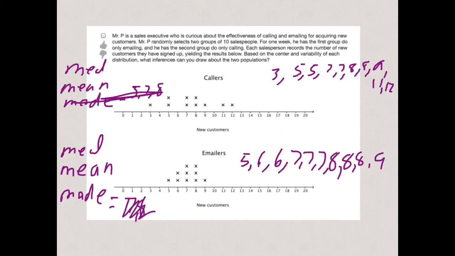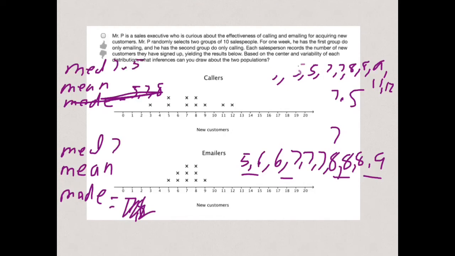Let's see, 2, 4, 2, 4. So this would be 7.5, and 7. Okay, so right in the center, I have 7.5 and 7. Could that help me to decide which is the better method? Well, I mean, callers had the lowest, but also the highest number, 3 and 12. Maybe the mean will help me more. Let's try that.